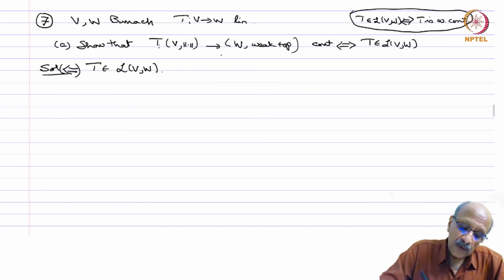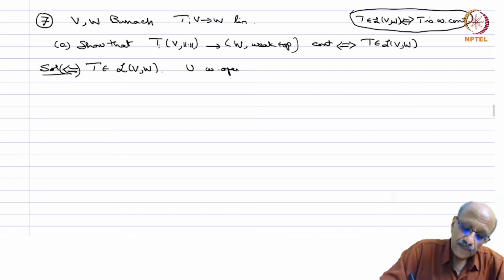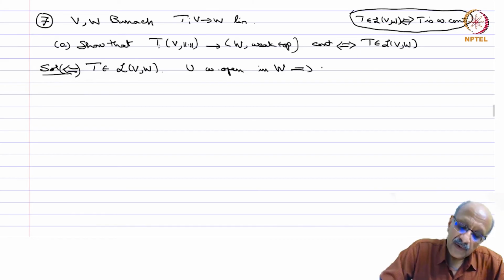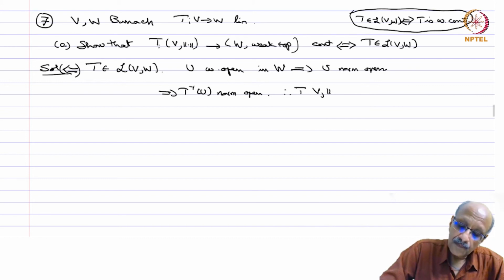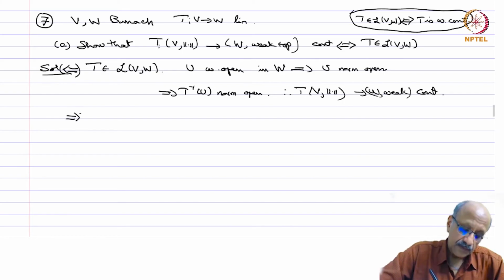So let us say U weakly open in W. So implies U is norm open, and that implies T inverse of U is norm open. Therefore, T from V norm to W weak is continuous. What about the other way around?